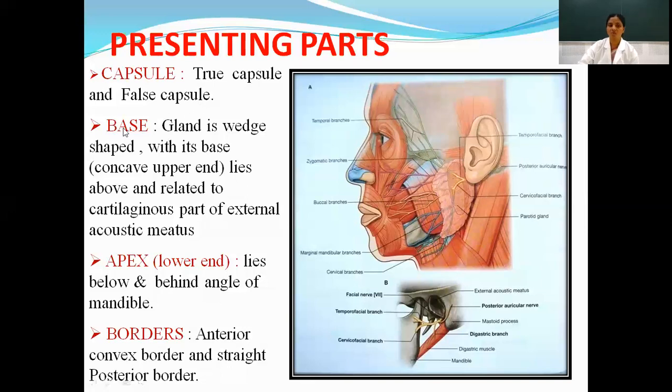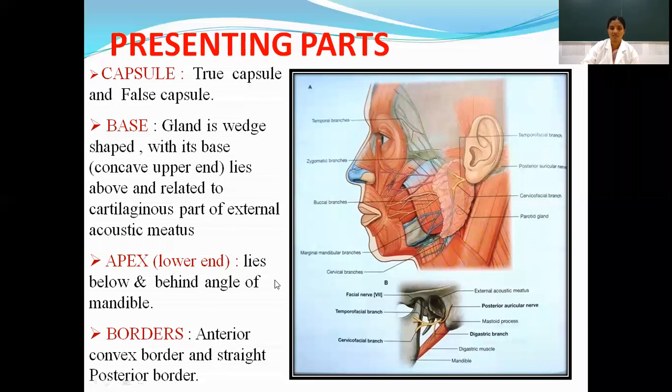Then coming to the base. The shape of the parotid gland is wedge shaped. It has a wide base above and a narrow lower end, nothing but the apex. So it has an apex at the lower part and the base at the upper part. This is the anterior border, this is the posterior border.